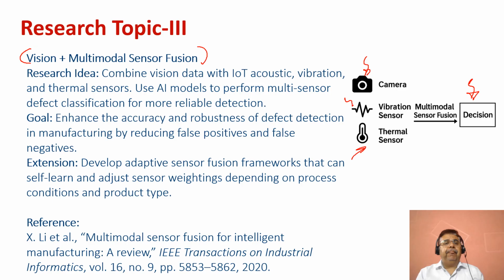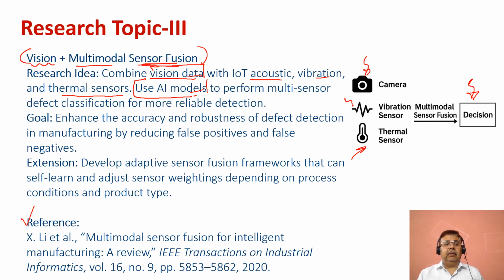In this paper, they have clubbed vision with multimodal sensor fusion, and in this sensor fusion what they have included is acoustic emission, vibration, and thermal analysis combined with the vision data, and putting everything together with the help of AI models in order to take a reliable decision.